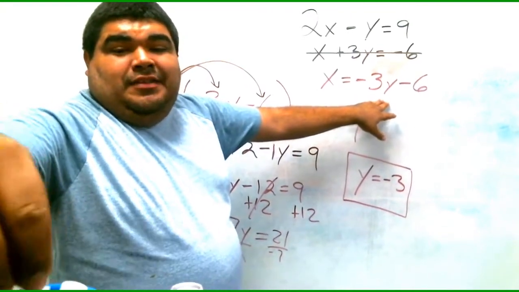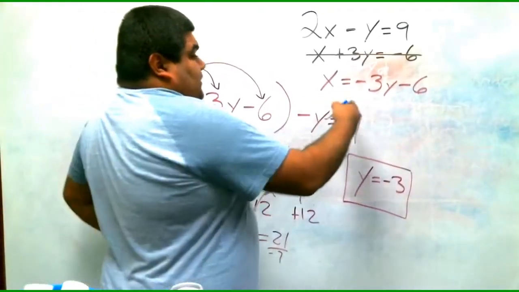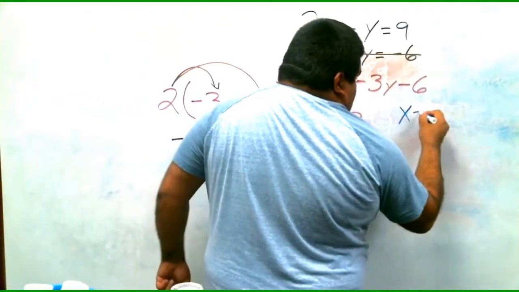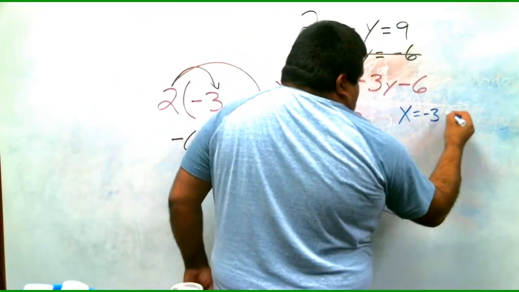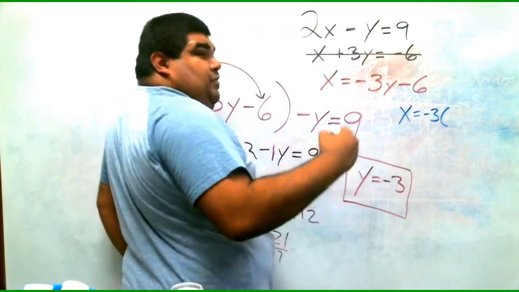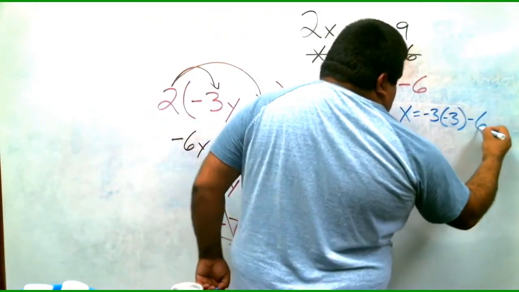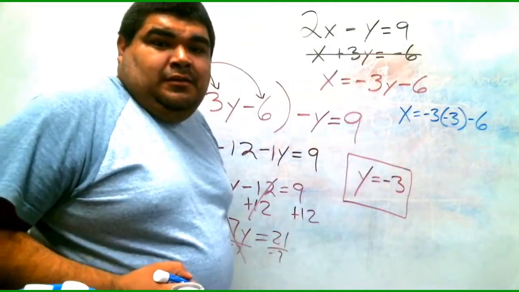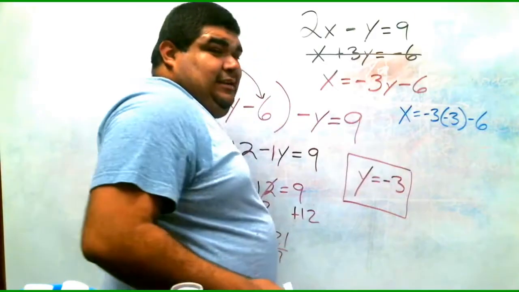So we can say that, let me use another color here. We can say that x equals negative 3, parentheses, negative 3, minus 6. Okay? So negative 3 times negative 3 is positive.